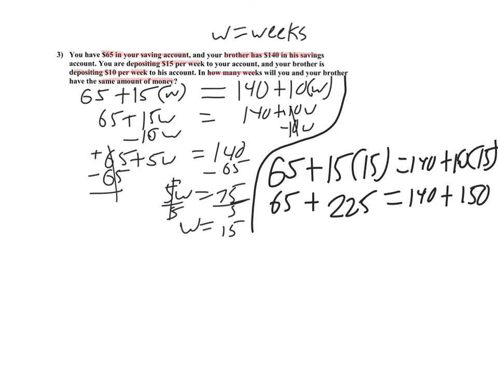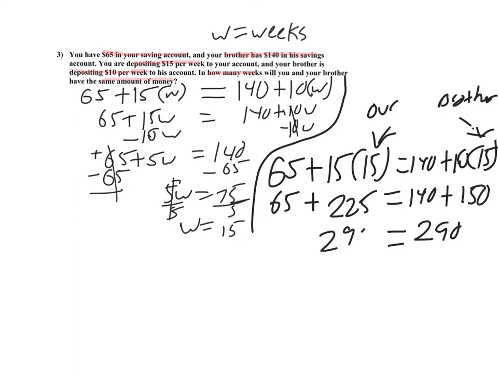We're going to combine the terms on both sides to see if it really did take 15 weeks for us to have the same amount in our bank account. Alright, so 140 plus 150 is 290, and 65 plus 225 is 290.